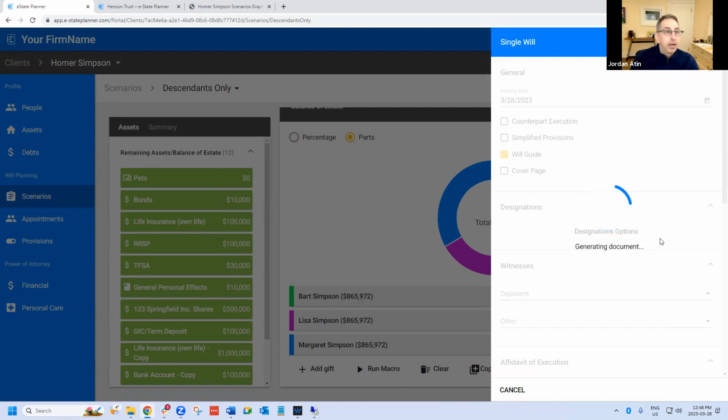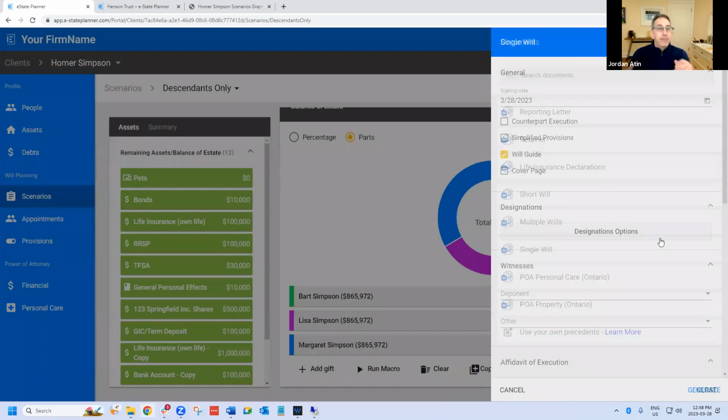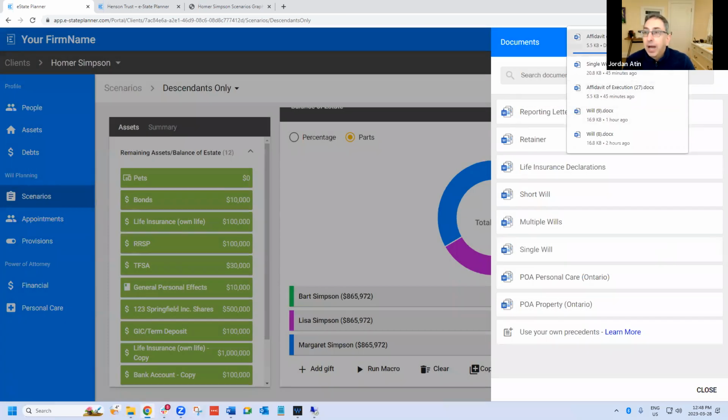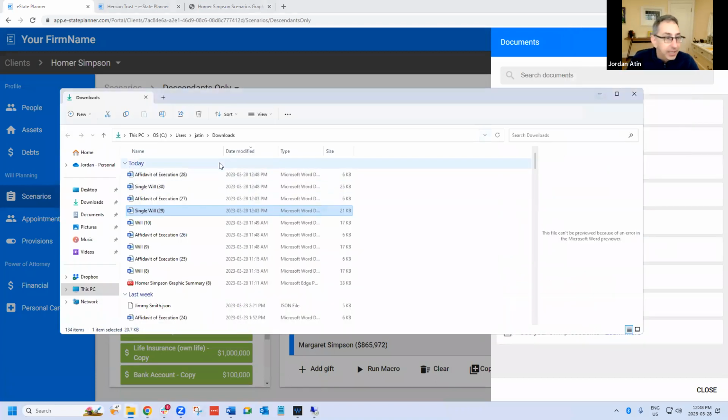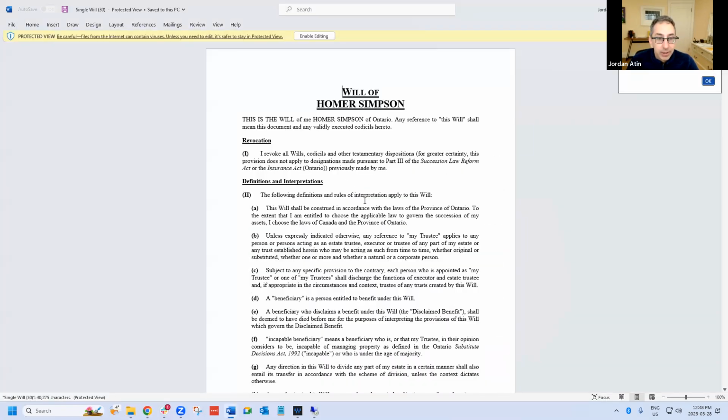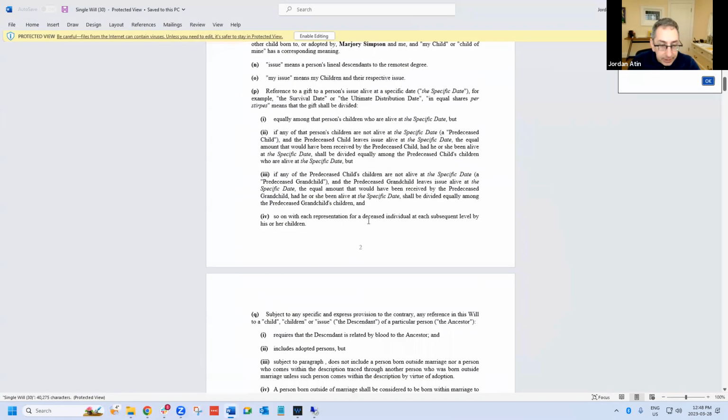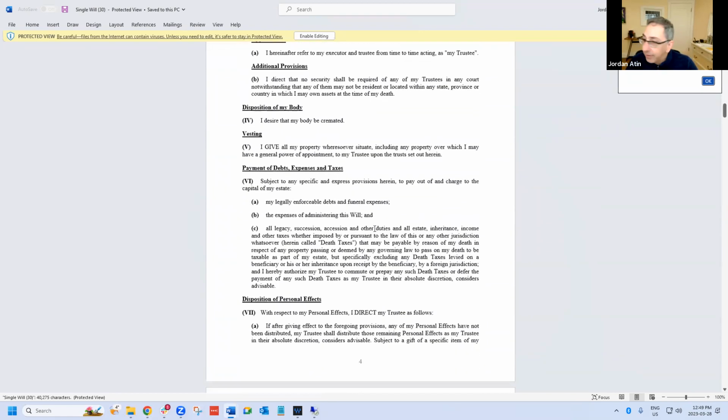That's the magic of floating shares. So we don't know how many shares we're going to have yet. We'll know that once we know who's alive and how many shares we need. I'm just going to show you that wording right here, and that's the idea of the floating shares.